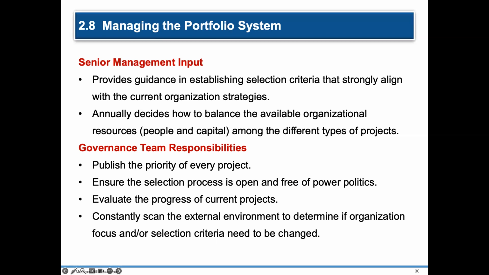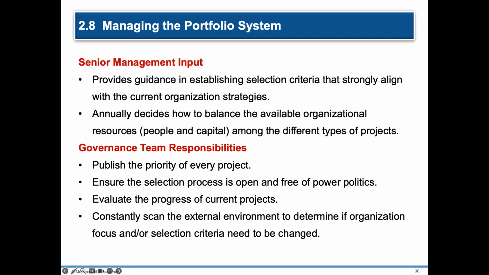And fourth, the project management office and the governance team constantly scans the external environment to determine if the organization has to pivot in terms of its focus and selection criteria.